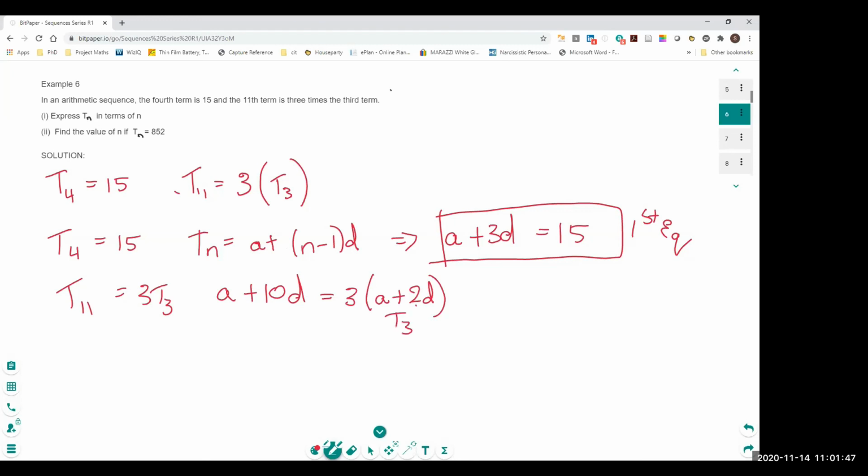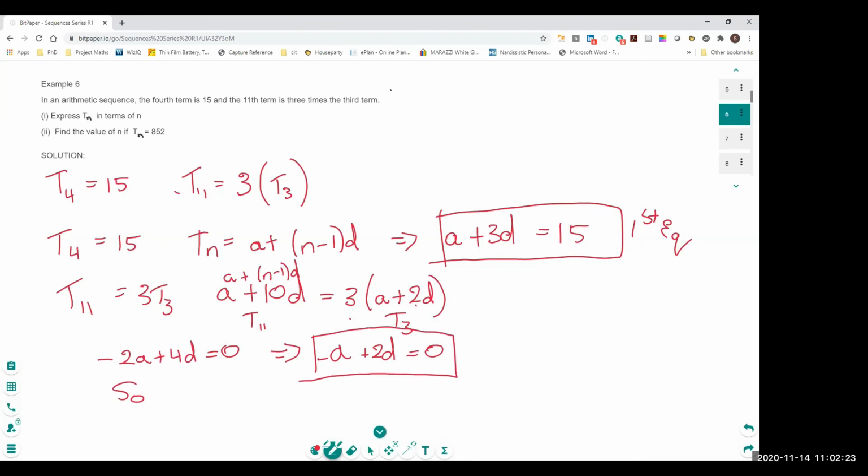So that's t3, that's 3 times it, and that's t11. Remember, a plus (n minus 1)d. So that gives us minus 2a plus 4d is equal to 0, and that gives us minus a plus 2d is equal to 0. There's your second equation.